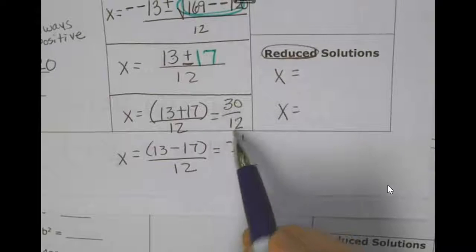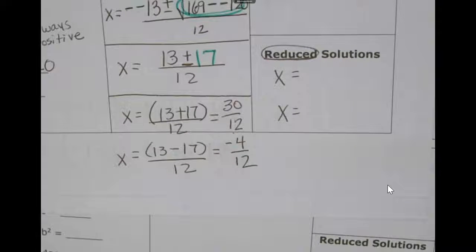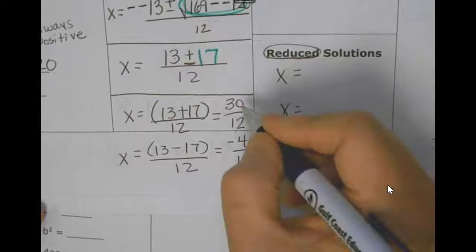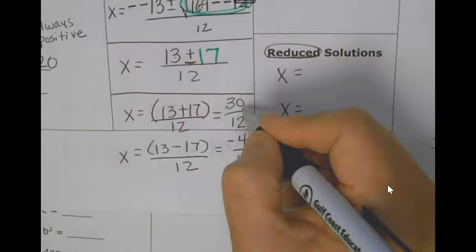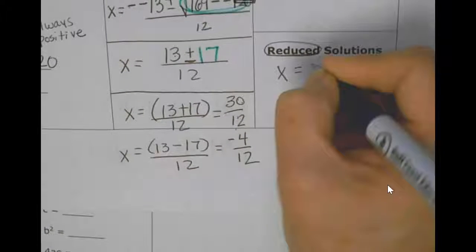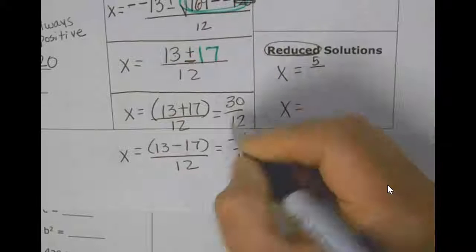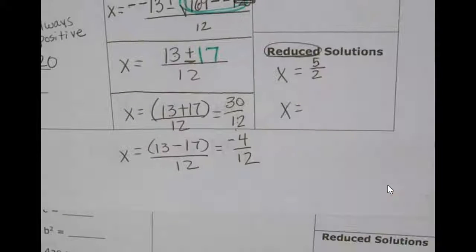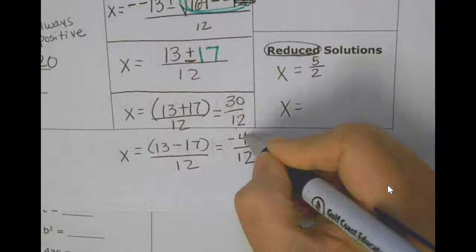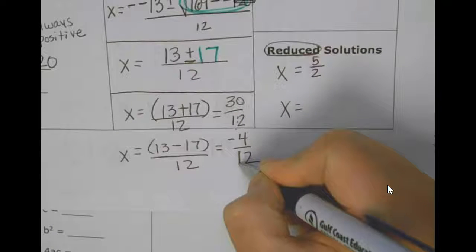We need to reduce these fractions, 30 over 12, to lowest terms. So, what's the GCF with 30 and 12? 6 is the GCF. If you divide it, they both divide by 3. If you divided by 3, you would have to divide again because that would not be completely reduced. But if you divide that by 6, you would get 5. If you divide that by 6, you get 2. What's the GCF between 4 and 12?